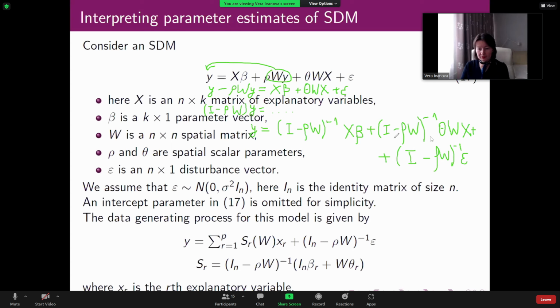Which matrix? Yes, here. Here? Yes, and one scalar and W after that. Yes. WX plus epsilon.